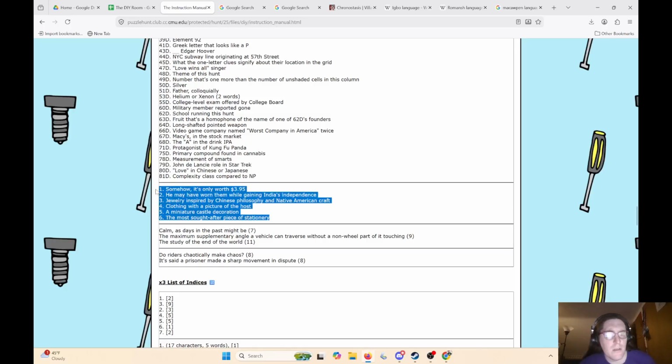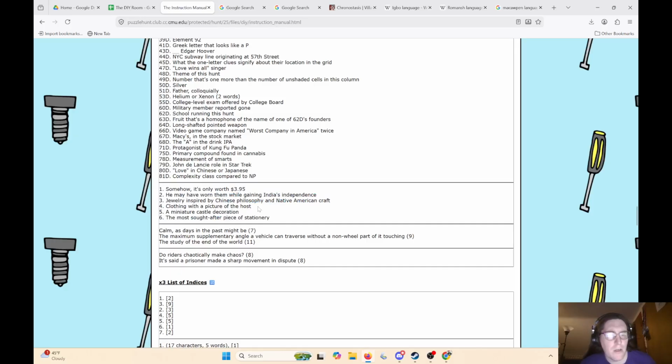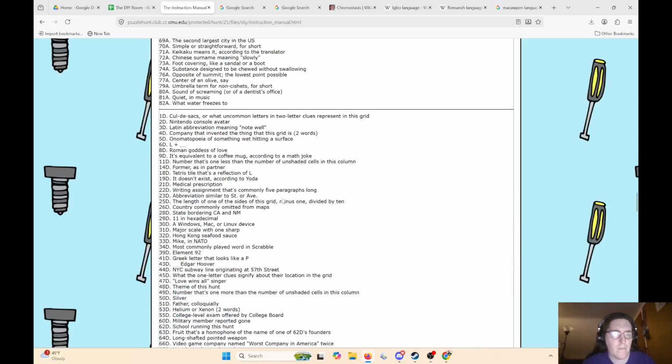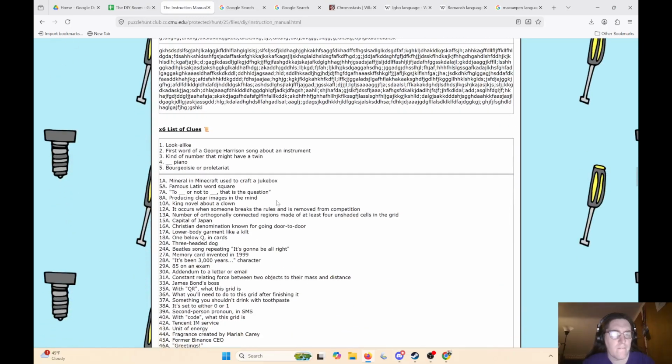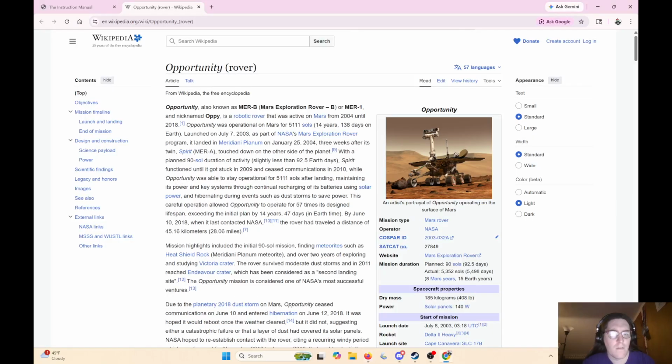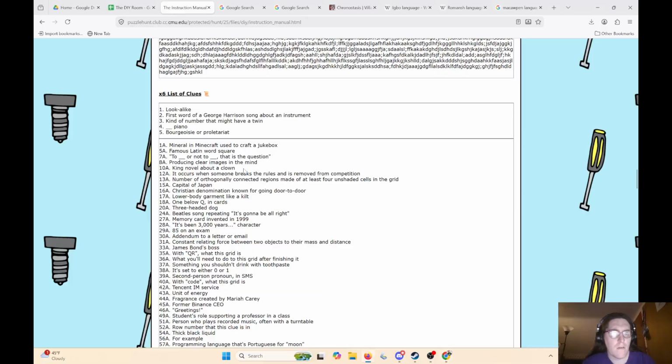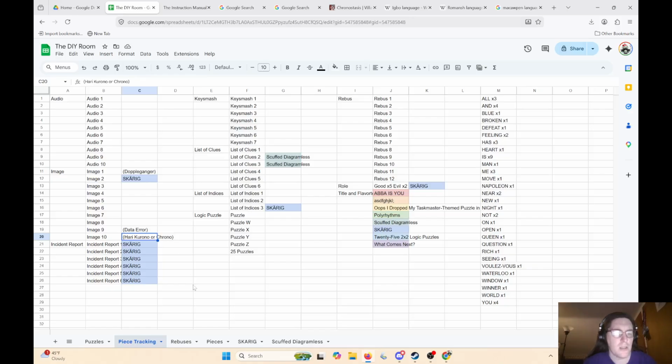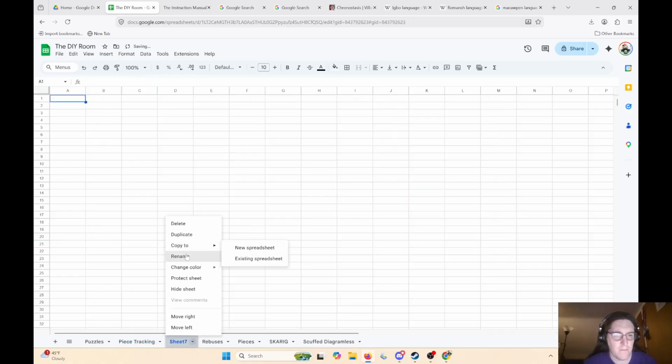Are these Taskmaster references? Clothing with a picture of the host. The most sought after piece of stationery is the laminator. Okay. I mean, let's grab the other clues, because there's a couple things I'm seeing in here.